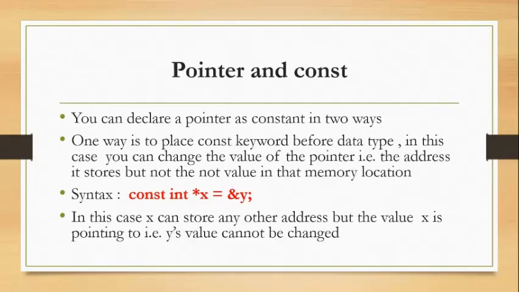But the value in that memory location, here the value of y, you cannot change through x. Don't get confused here. The value x is pointing to cannot be changed, but the value of x, nothing but the address that x stores, can be changed.